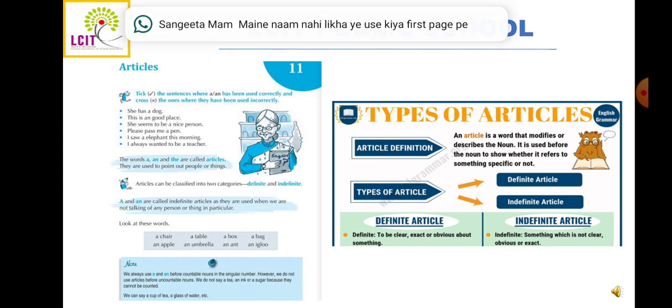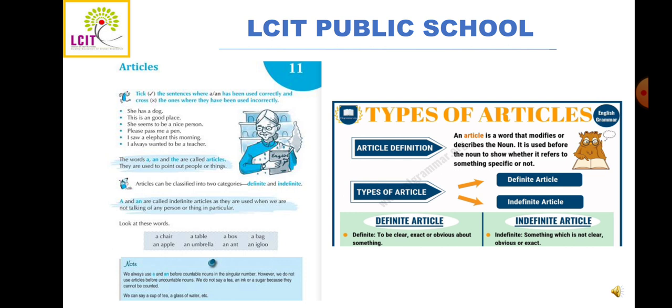Some examples are also given here: a chair, a table, a box, a bag, an apple. It is not specific which chair, which bag, which apple. It is just talking about a common thing, which is not exactly specific. Those are known as indefinite articles.